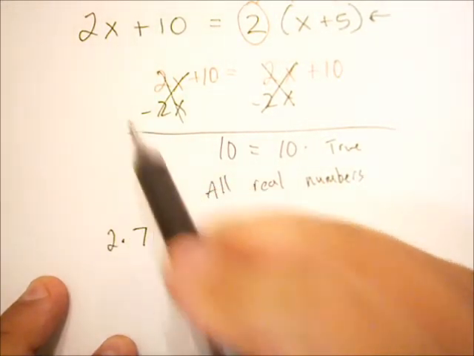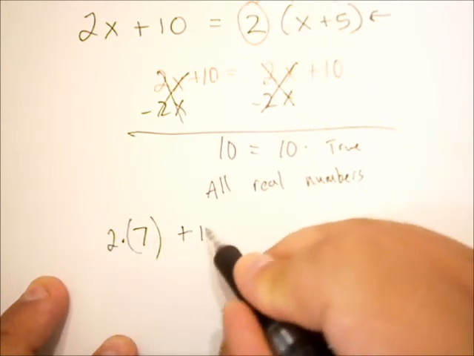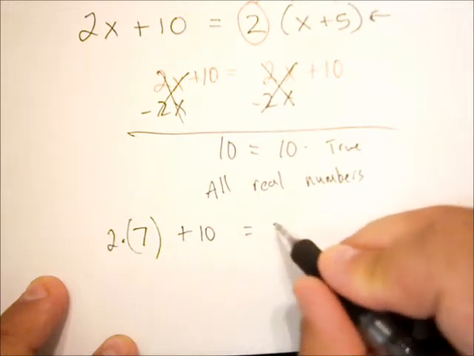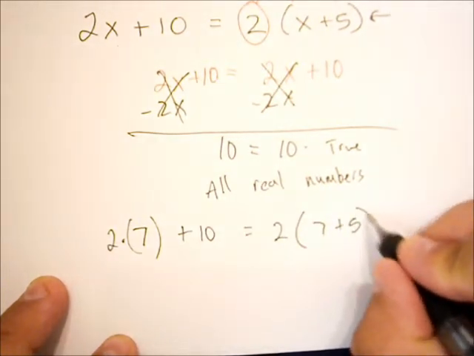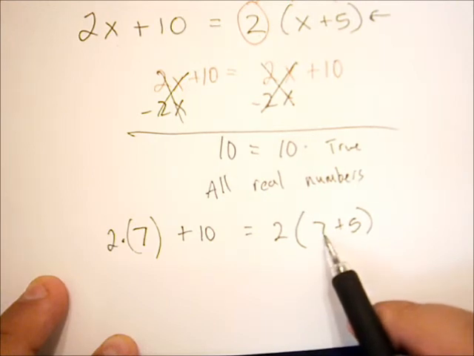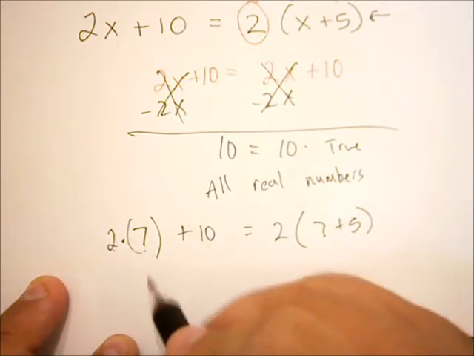So now I've got 2 times 7, so put that in parentheses, plus 10 equals 2 times parentheses, 7 plus 5. Remember, I plugged in 7 here and here for x. So let's go ahead and work this out. 2 times 7 is 14.